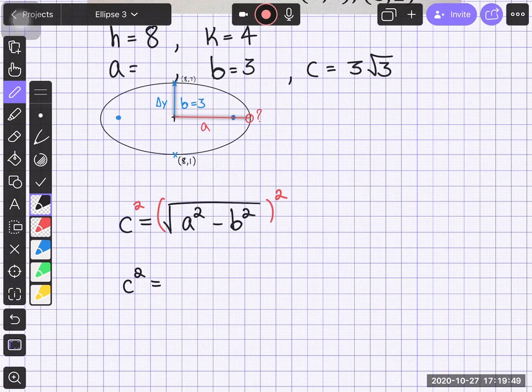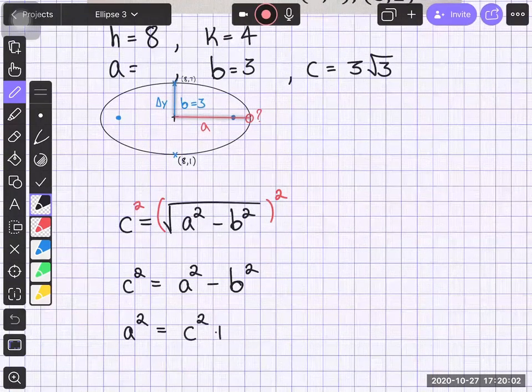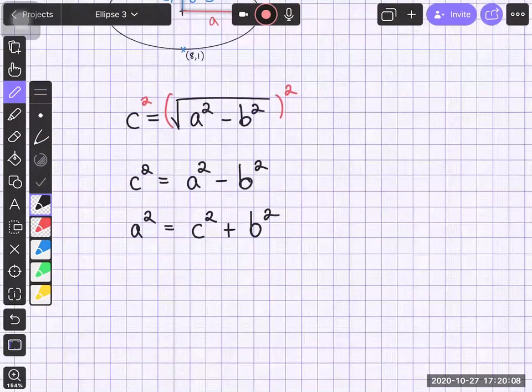Now we're going to isolate and change sides, so a squared equals c squared plus b squared. And then finally, the square root on both sides, so a equals the square root of c squared plus b squared.